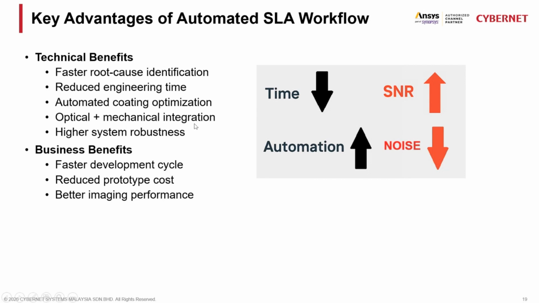We call it optomechanical integration. It is an entire system-based analysis, and also gives higher system robustness. For the business overview, it is a faster development cycle, reduced prototype cost, and better imaging performance using this workflow.